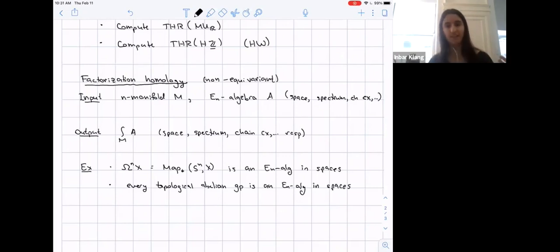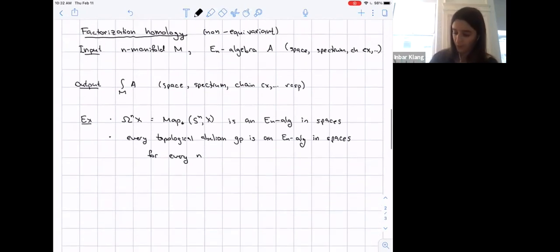So those are kind of the examples in the category of spaces. In the category of spectra, well, ring spectra are E1 algebras, commutative ring spectra are En ring spectra for every n. So these are the kinds of things we'd want to plug into this.